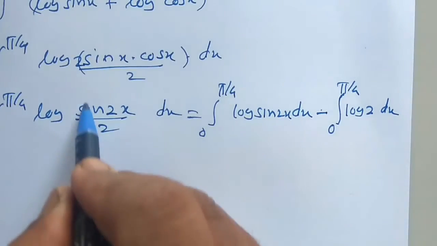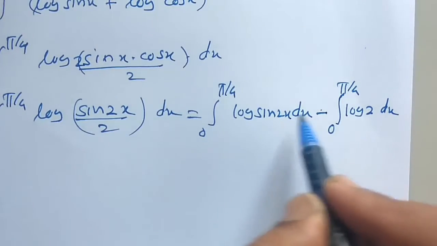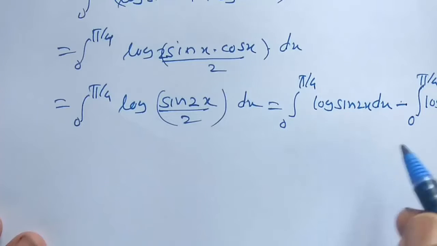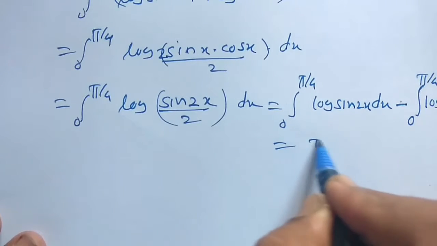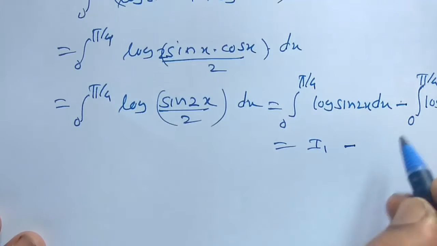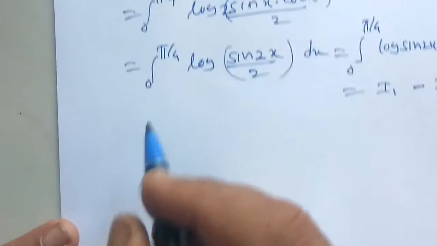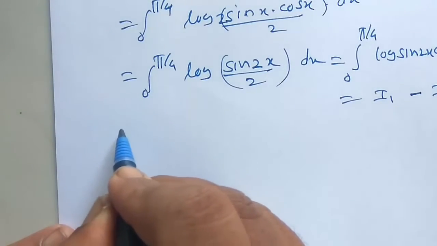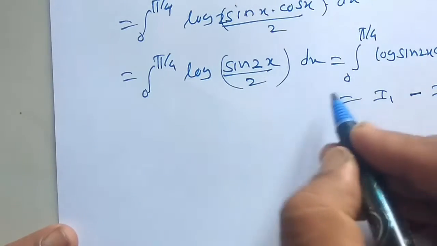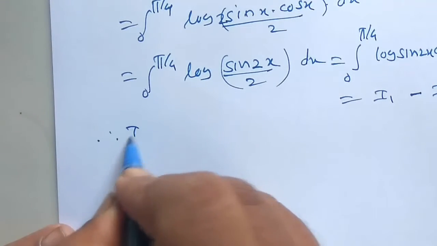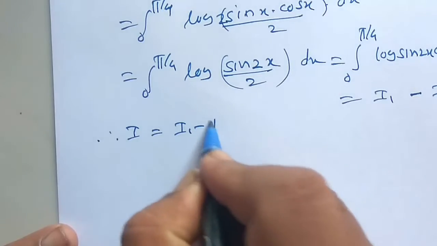Say this is I1 minus I2, and therefore I is equal to I1 minus I2.